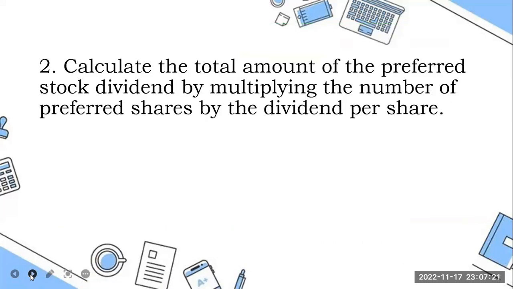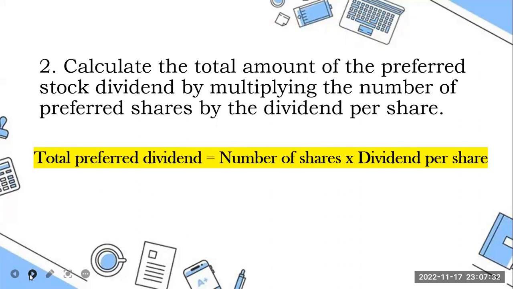Step 2, calculate the total amount of the preferred stock dividend by multiplying the number of preferred shares by the dividend per share. So this is the formula. For the total preferred dividend, that is equal to the number of shares times dividend per share.